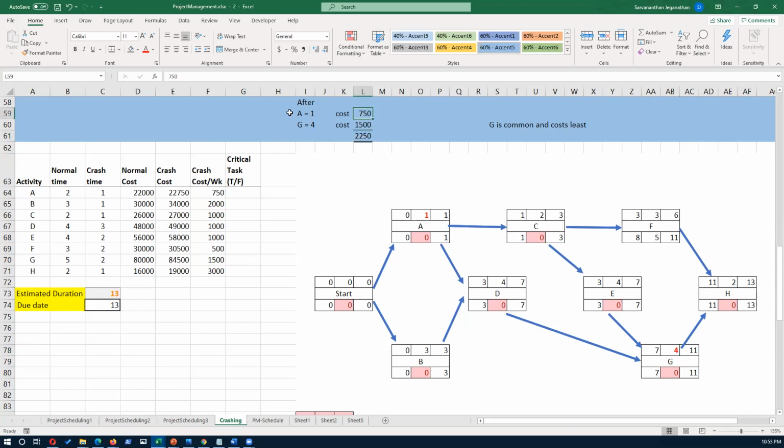So 750 for reducing A from 2 to 1, and then 1,500 to reduce G from 5 weeks to 4 weeks. So we have crashed the project to 13 weeks. All right, so that's a quick introduction to project crashing. Thank you.